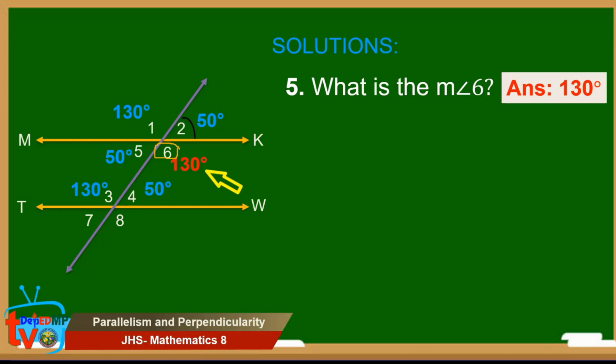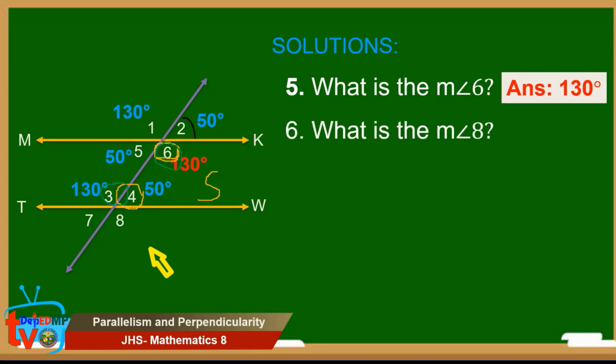Why? One of the possible reasons will be angle 6 is same side interior with angle 4 and they are supplementary. Another reason, angle 6 is alternate interior with angle 3 and they are congruent angles. What about the measure of angle 8? Angle 8 is equal to 130 degrees also.